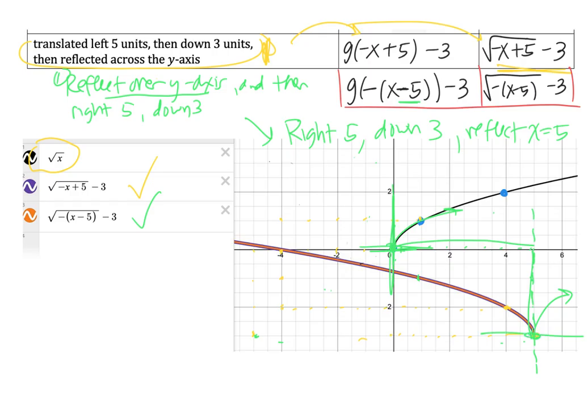So this is my new origin. And now instead of reflecting over the y-axis, this isn't the y-axis anymore. I've made x equal 5 my new y-axis. So you could also say right 5, down 3, and reflect over the x equals 5 line, in which case it would take the graph back this direction and you would get here. I know that's a lot of information. Play around with Desmos, play around with the order, and see how it goes.